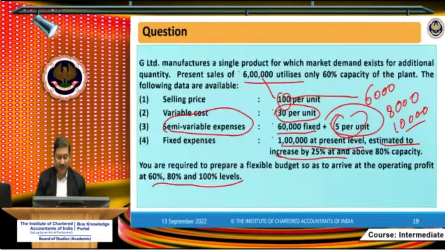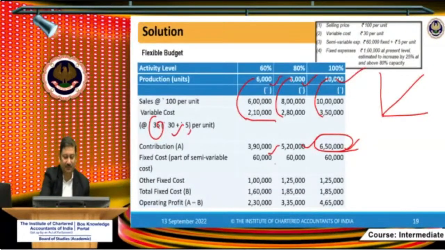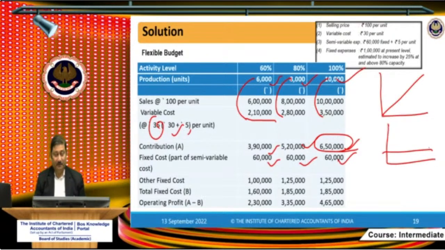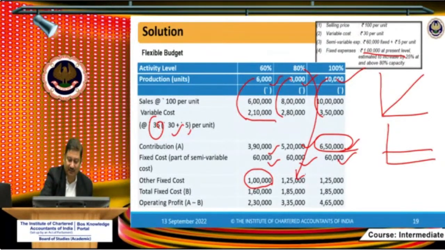Fixed cost: there are two kinds of fixed cost. First, let us take the fixed cost which is equal across levels. Then there is a fixed cost where there is an increase. At present level, it is 1 lakh. When it touches 80% and above, at 80% it will be 1 lakh 25,000, an increase of 25%.